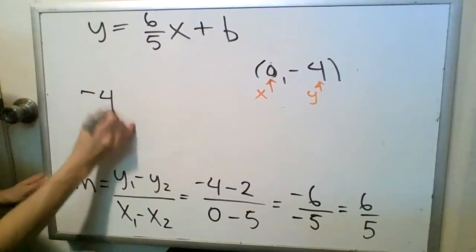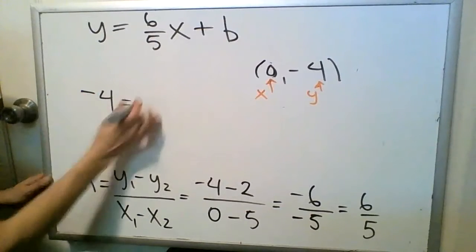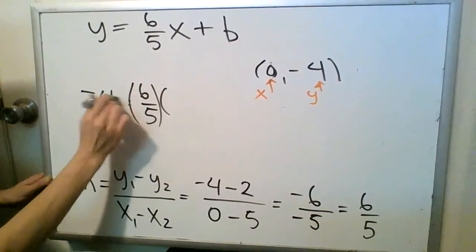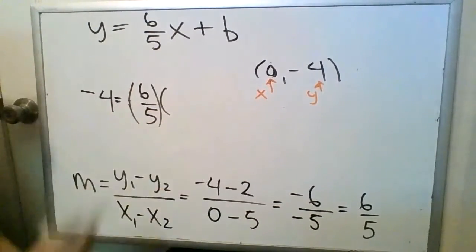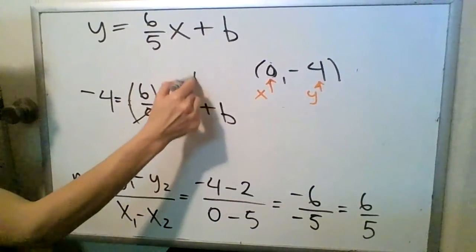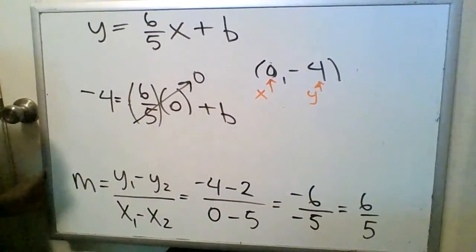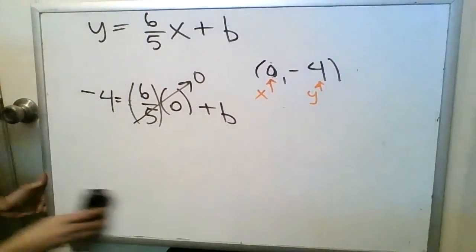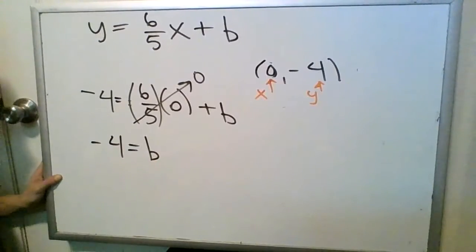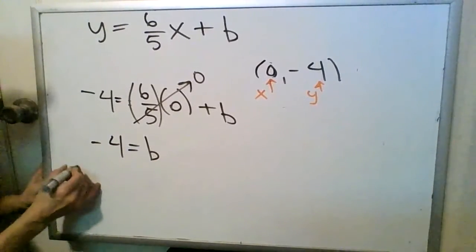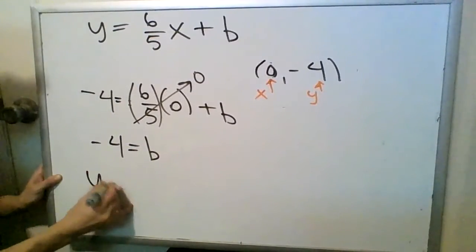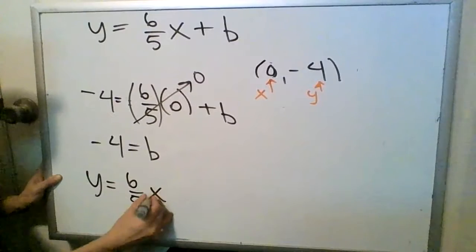So -4 equal to 6/5 multiplied with 0 plus b. 0 times the number is 0. And then I'll have -4 equal to b. So y equals 6/5 x plus -4, which is y equal to 6/5 x, and then subtract.